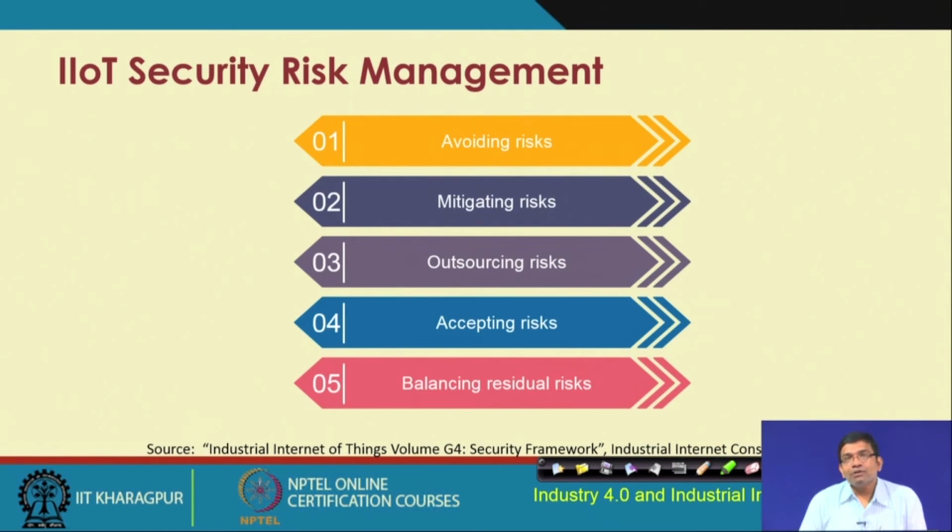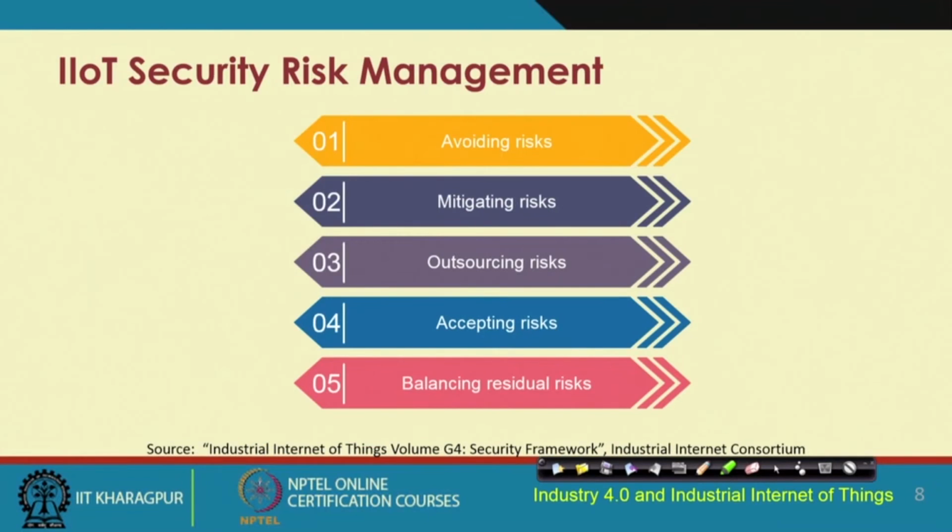And sometimes for risk management, it is required to outsource the risks to a third party, typically at some cost, right. So, you have to pay some money to the third party in the form of insurance or something like that, and that is how you basically outsource the risk to some third party.